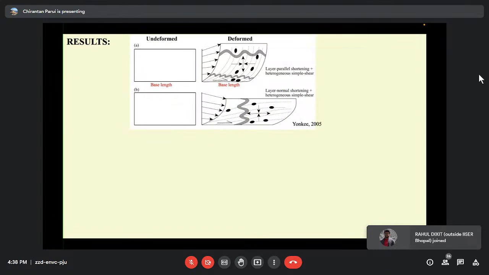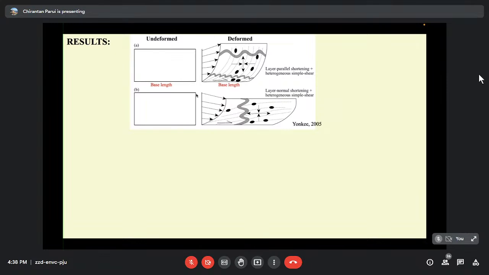So now let's say we have a thrust sheet which is exhibiting layer parallel shortening. When you remove the layer parallel shortening from the thrust sheet, the base length increases. Therefore, when you add this shortening to the large scale shortening, the total shortening increases.